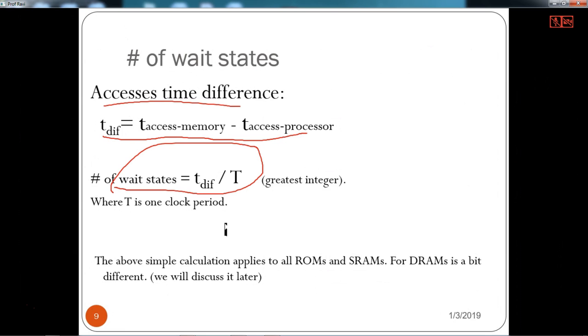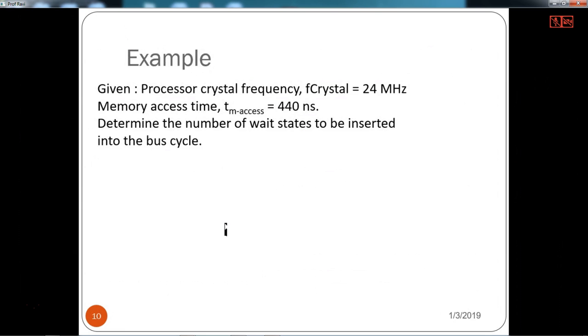Now take an example. If the processor crystal is 24 megahertz and the memory access time is 440 nanoseconds, determine the number of wait states to be inserted into the bus cycle. The crystal frequency divided by 3 by the 8284 gives an 8 megahertz clock frequency.